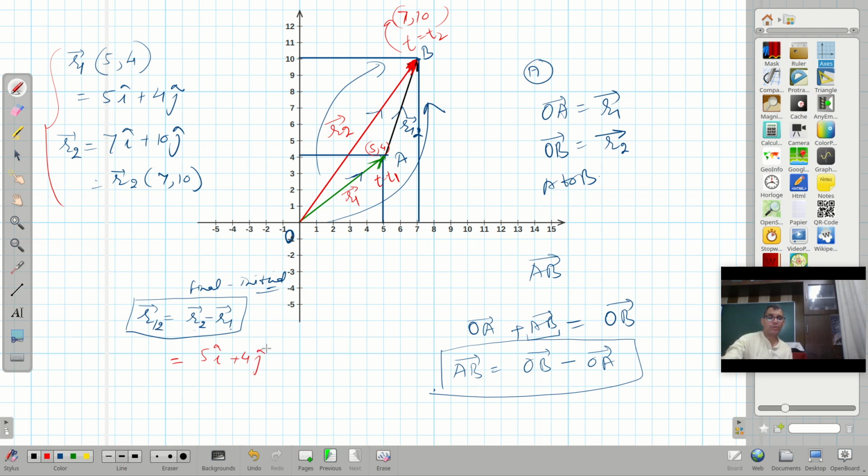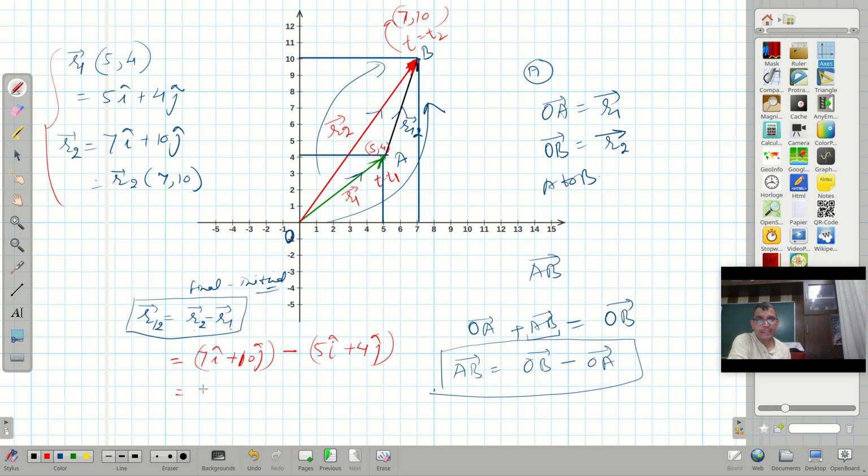If I put these values here, no, R2 will be first. So the R2 vector is 7i cap plus 10j cap minus 5i cap plus 4j cap. Now I have to do a little algebra: i will be added or subtracted with i, and j with j.